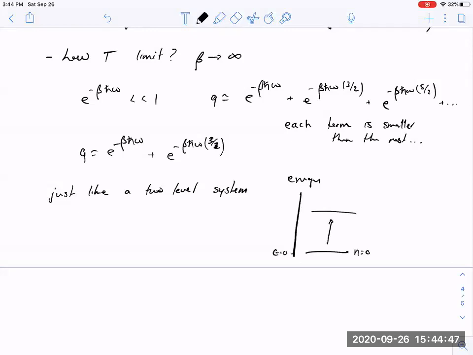We have some first excited state that's a delta epsilon away. And that delta epsilon we've just found is a factor of, sorry, this must be a factor of 1/2. There you go. So that delta is just h bar omega, one factor of h bar omega.